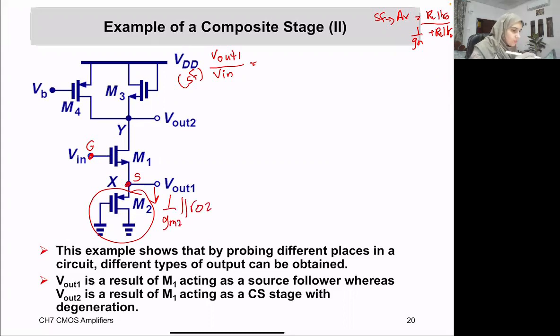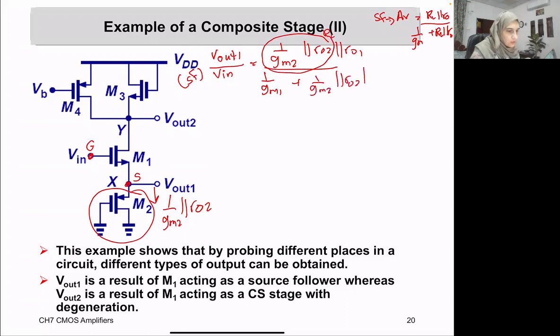Okay, so our V out is going to be RL, which is 1 over GM2 in parallel with R out 2, divided by 1 over GM1 plus this in parallel with R out 1. This part is just the RL: 1 over GM2 in parallel with R out 2 in parallel with R out 1.